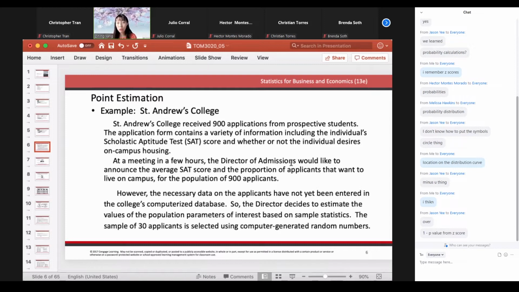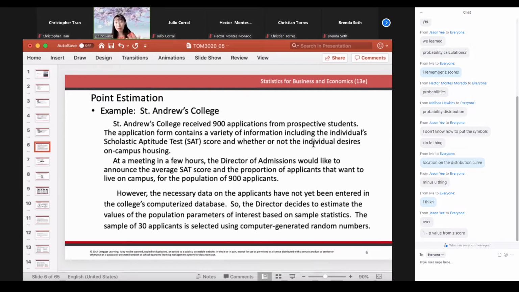So SAT score clearly is this simple random variable, right? That can take any value. Maybe someone gets 1600, someone gets 1650, someone gets 1705 or 1785, right? Could be any number. That's SAT score.